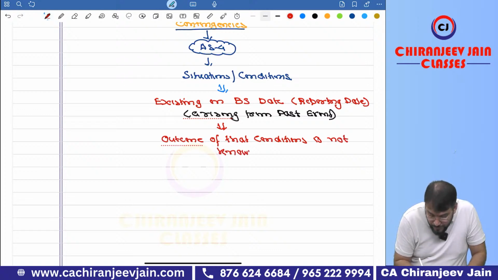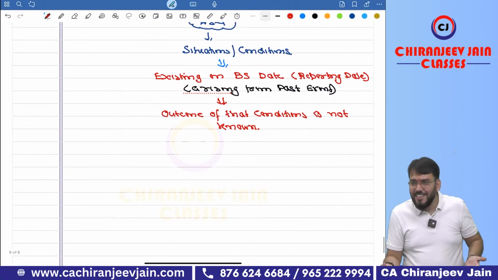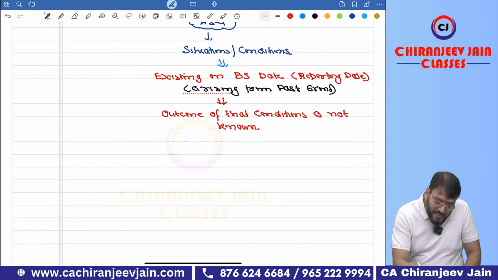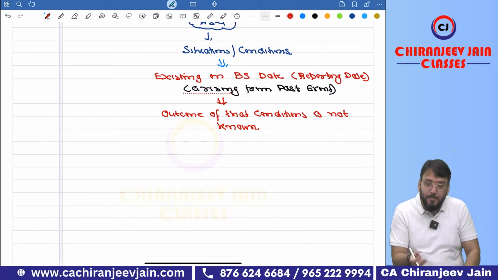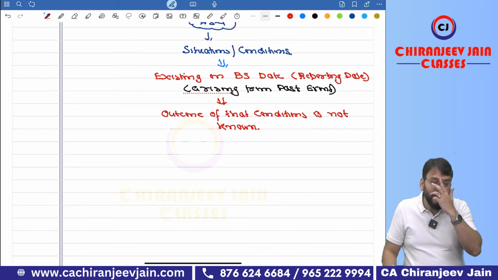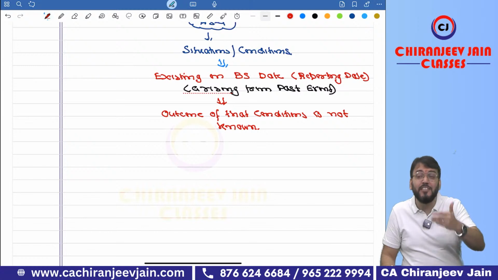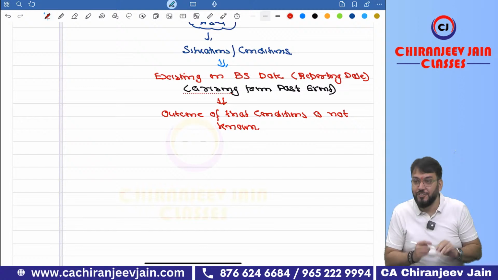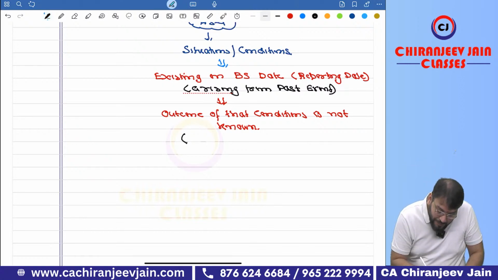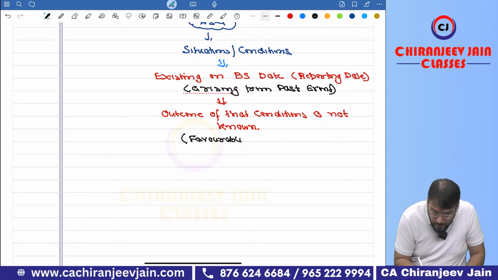Not known to whom? To the entity. And this outcome can be favorable or unfavorable. Favorable means it may give rise to income. Unfavorable means it may give rise to expense.